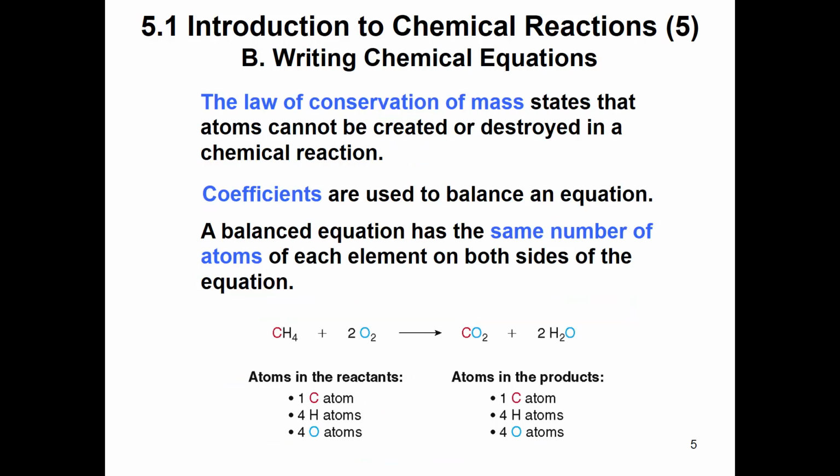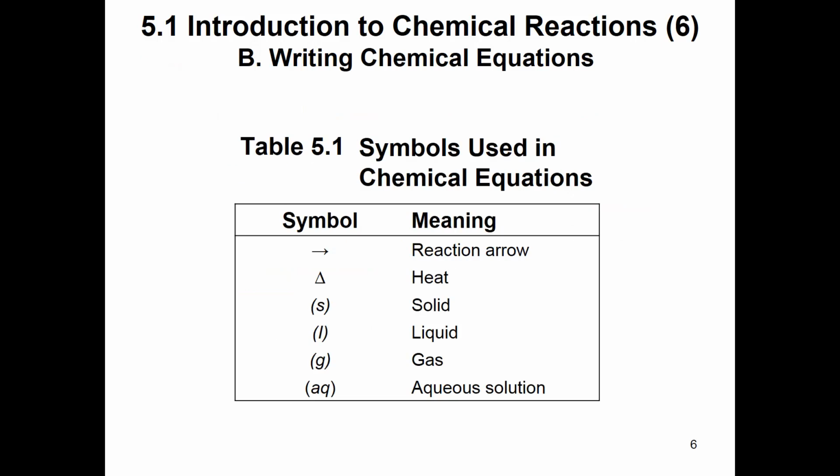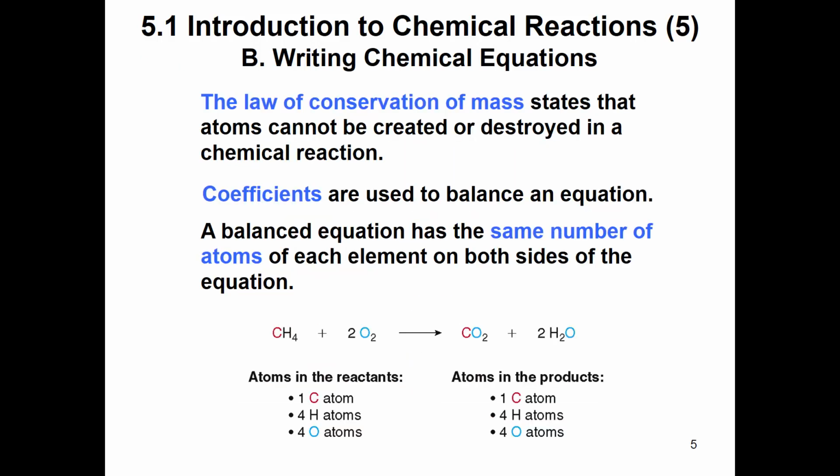One thing that is very important in chemical reactions is the law of conservation of mass. Okay, so the law of conservation of mass tells us that matter can neither be created or destroyed, and you've probably heard that before. And this is in a chemical reaction.